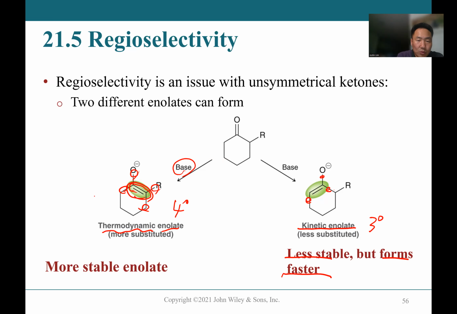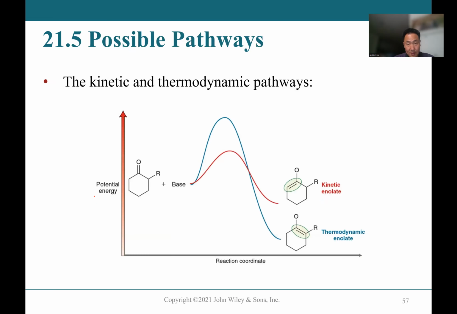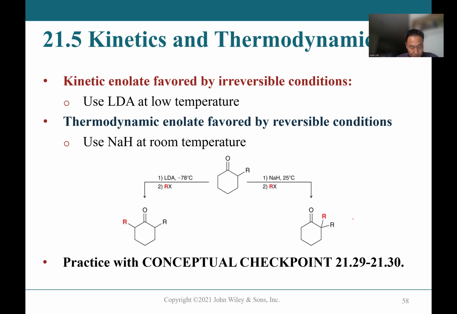This is the more stable enolate. So the kinetic enolate is the less stable enolate. The thermodynamic enolate is more stable. Kinetic enolate is favored by irreversible conditions.